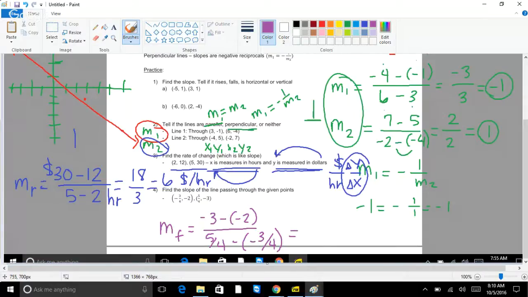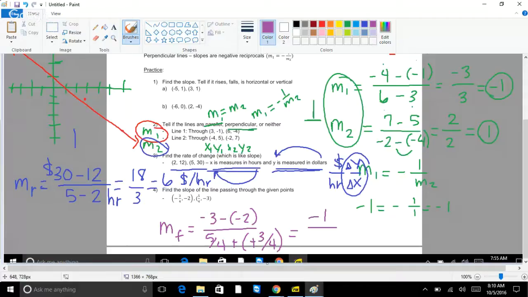So the change in y is easy, right? 3 minus -2 is just going to give me -1. 5/4 minus -3/4 is just like adding 3/4, right? And thankfully, they've given me fractions with the same denominator, so I can just add the numerators.